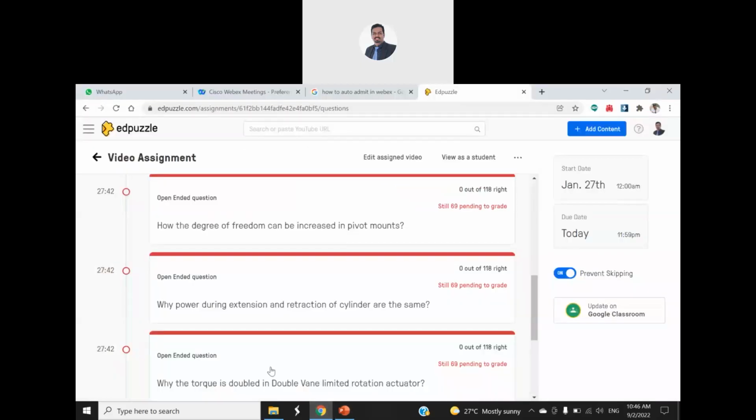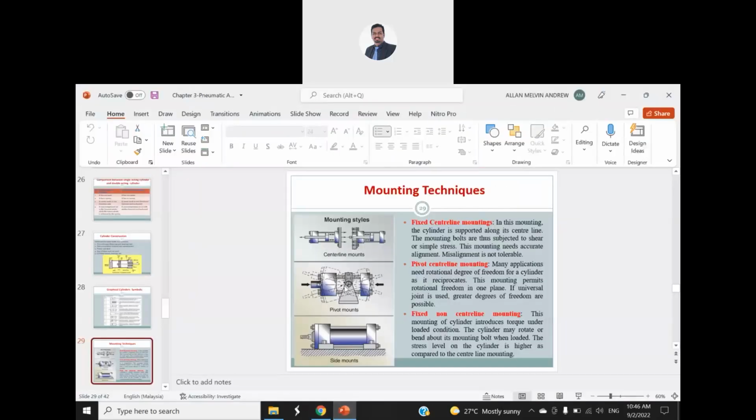So the question is asking how the degree of freedom can be increased in the pivot mount. Using a universal joint, you can have multiple pivot mounts. Okay, or you can have a rotational platform or linear platform which can give you additional freedom. So it can rotate upward and downward using the pivot mount, and it can also move sideways.